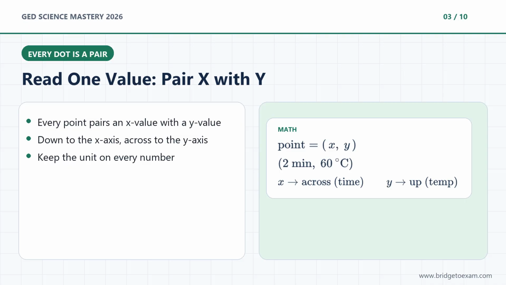Then you go straight across from the dot to the y-axis, and you read the temperature, 60 degrees Celsius. So that one dot means at 2 minutes, the water was 60 degrees. Always state both numbers and always keep the unit attached to each one. A number without a unit is only half an answer.